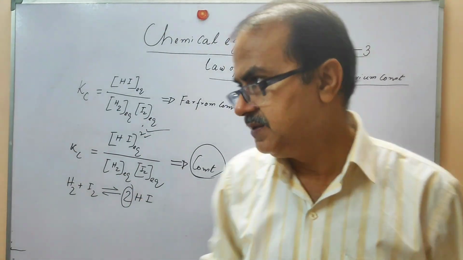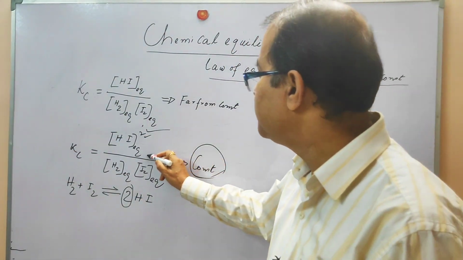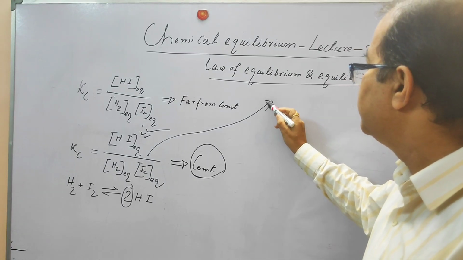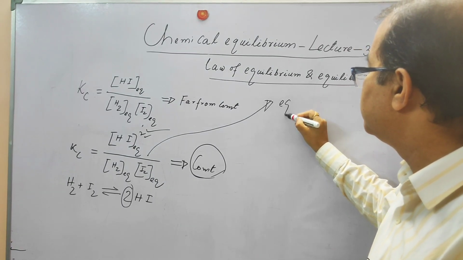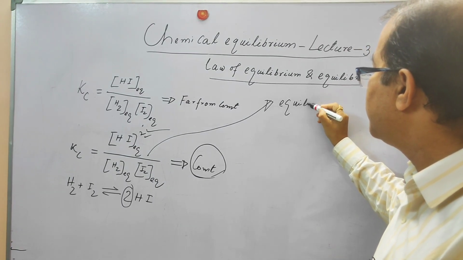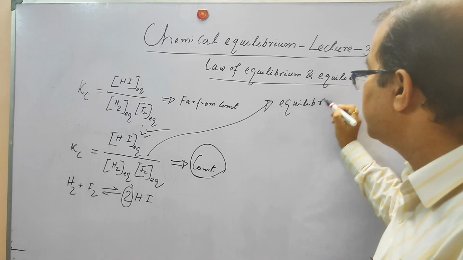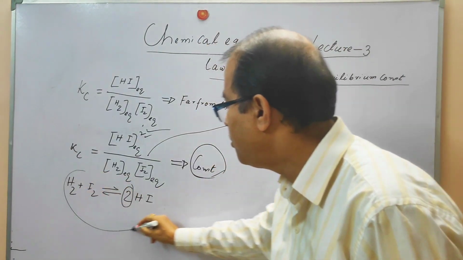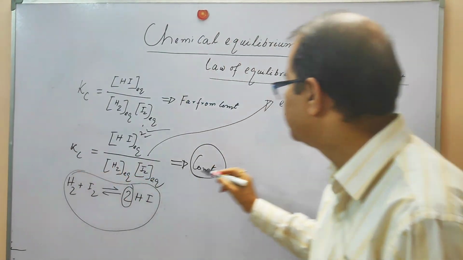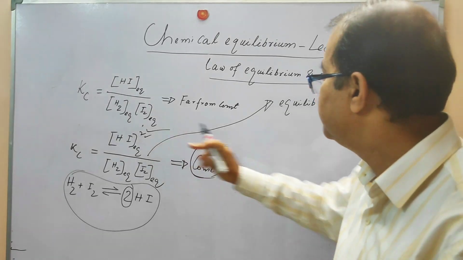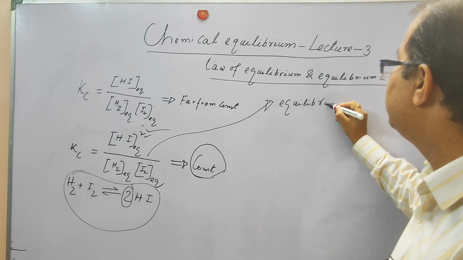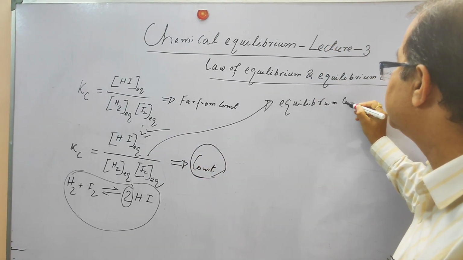We can say this expression is the equilibrium constant for this reaction. You can write the equilibrium constant as this.